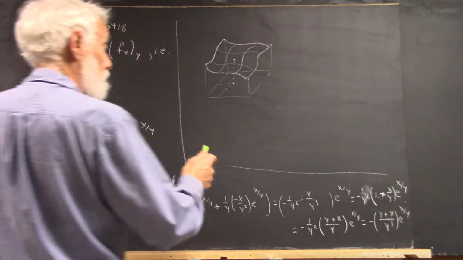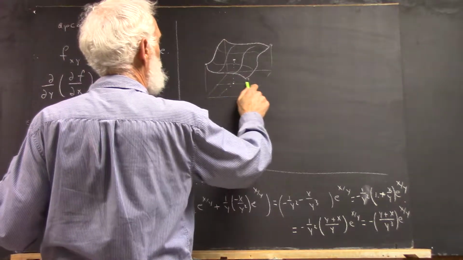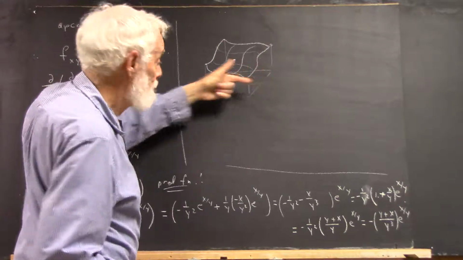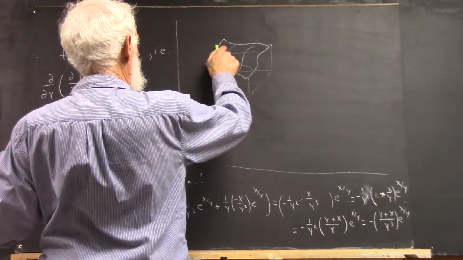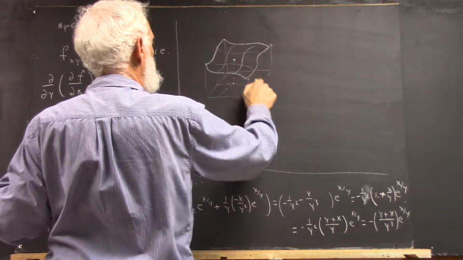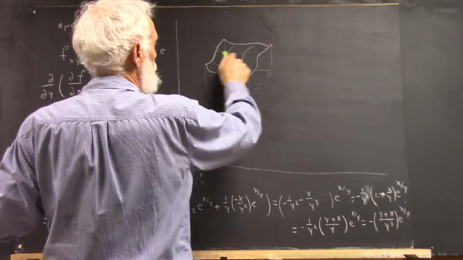Using a different color, we see that the curve above this line here, the xz plane above this line that goes in the y direction through this point, would start up here, and it would go to here, and it would probably look much like this one.